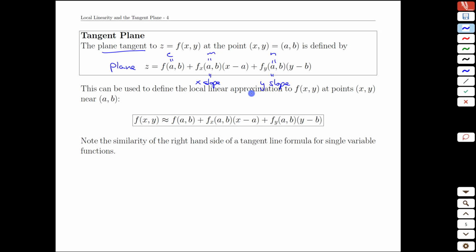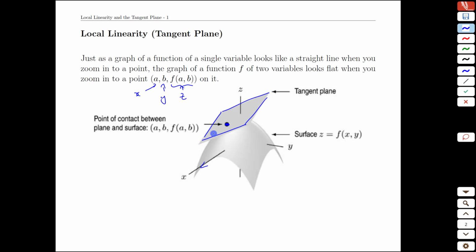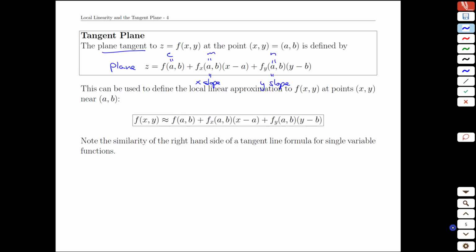However, if we're using our tangent plane as an approximation, going back to our picture again for a moment, this plane is close to the curved surface and will be easier to work with computationally and maybe in other ways. So if we want to approximate the curved surface nearby that point, we would say that our curved surface f of x, y is going to be approximated by the tangent plane.